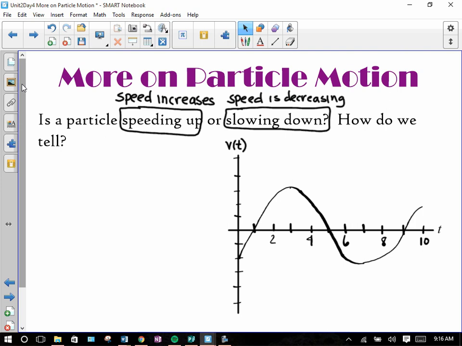Well, like I said, we know that speed is the absolute value of velocity. So we can quickly look at a graph and take any velocity function and turn it into a speed function or a speed graph by taking the absolute value of each part of that graph. The absolute value of a negative number turns it into a positive.